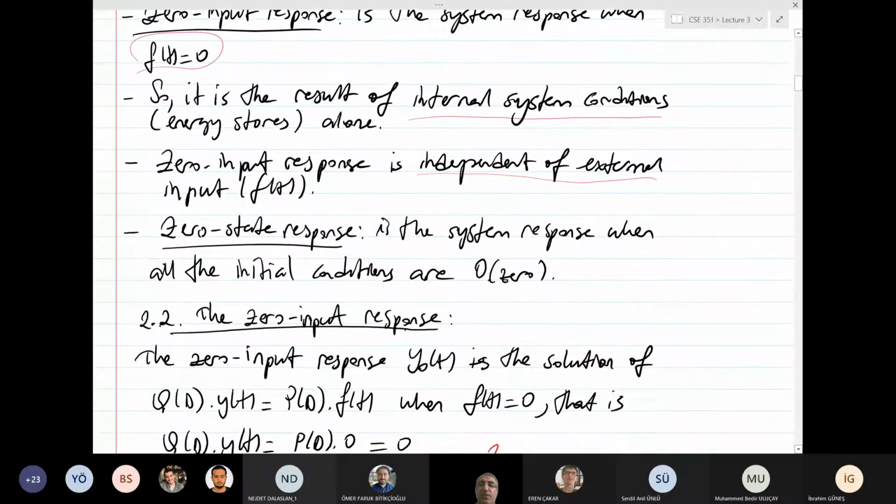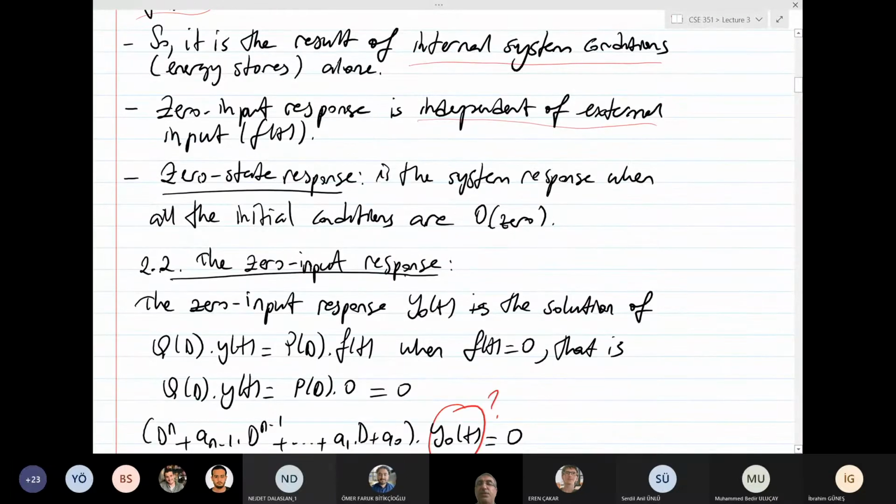The second part we said is called zero state response. Zero state response is defined as follows: it is the response, the system output, when all the initial conditions are zero. Now we are doing the reverse operation. We are canceling all the initial conditions and we are applying an input.